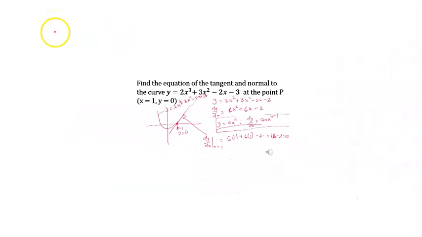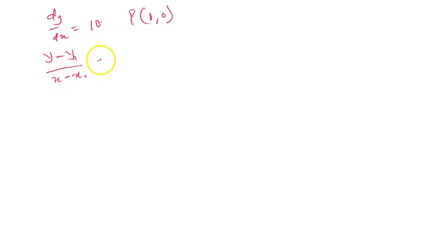Remember, if my dy/dx is equal to 10 at the point P defined as (1, 0), then I can now use my formula for the equation of a straight line, (y minus y1) over (x minus x1), to be equal to m.